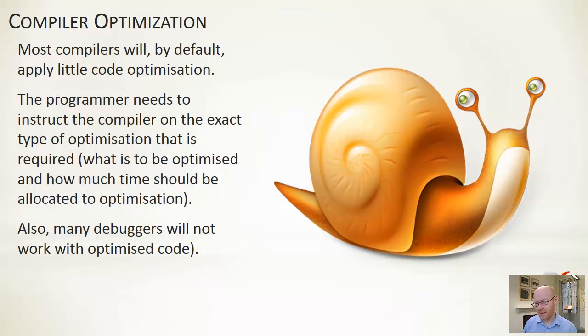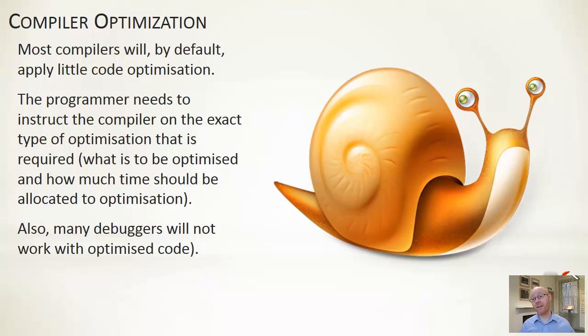Debuggers generally are not particularly compatible with optimization because they insert their own code, and they want to have sufficient breakpoints where you can step through the code that we've written. So generally, when you're developing, you run in debug mode with optimizations turned off, then you turn into release mode and apply whatever optimizations are appropriate for your target platform.